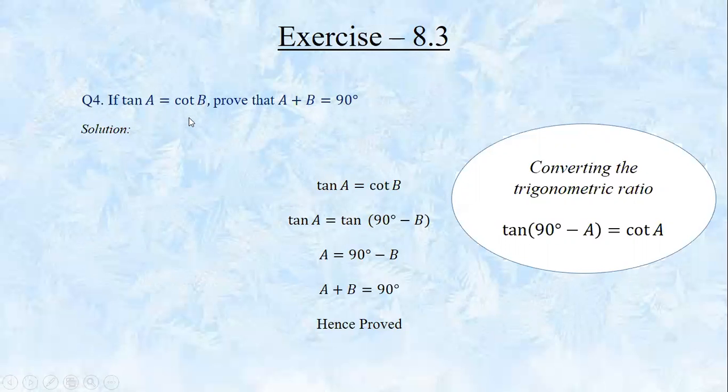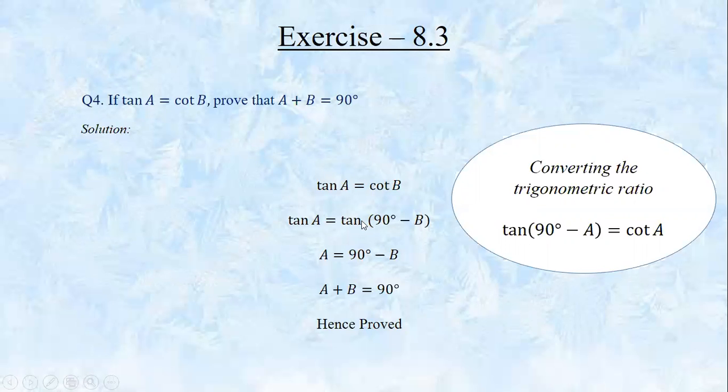In these kind of questions wherein the angles are abstract, we use the second method, that is converting the trigonometric ratio first. Tan A is equal to cot B given to us. We change the trigonometric ratio first, keeping the angle intact. So cot is converted to tan, 90 minus B is written as such.